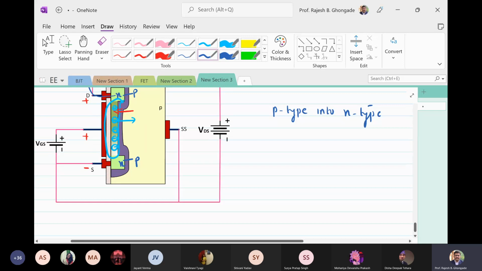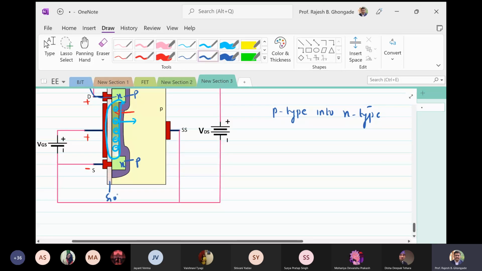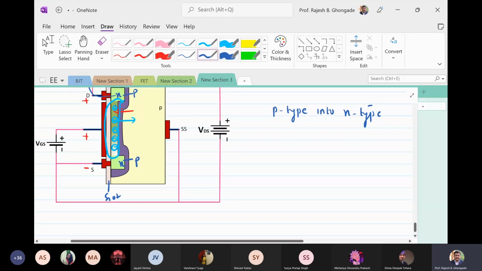So the SiO2 layer and its insulating quality will prevent these negative carriers from being absorbed at the gate terminal. ये तो अंदर नहीं जा सकते ना, because there is a barrier. This SiO2 is there. It will prevent these electrons from going anywhere else. As VGS increases in magnitude, the concentration of these electrons will increase.